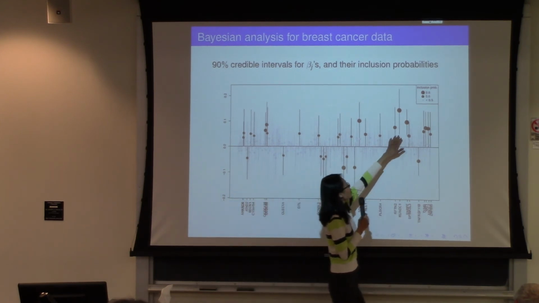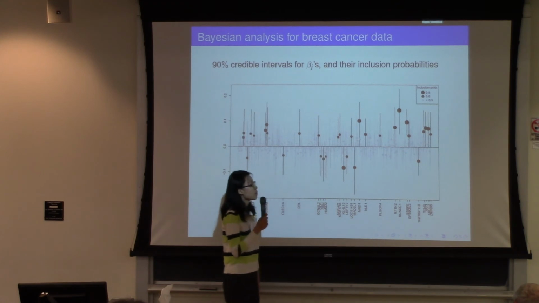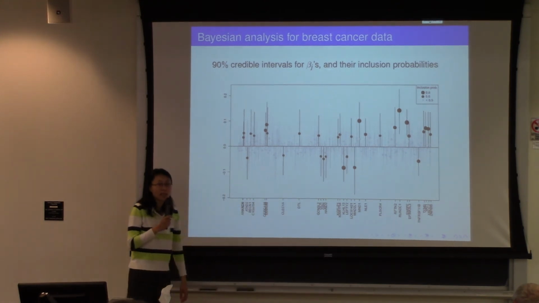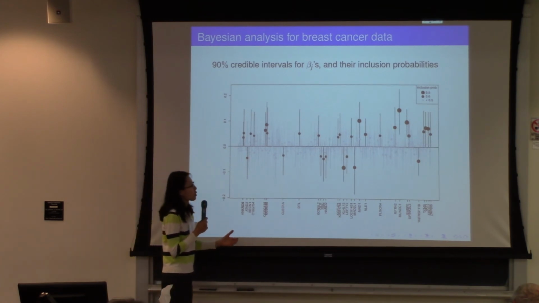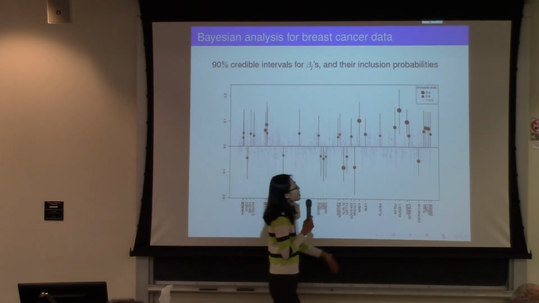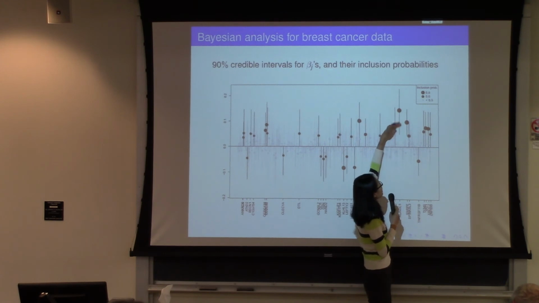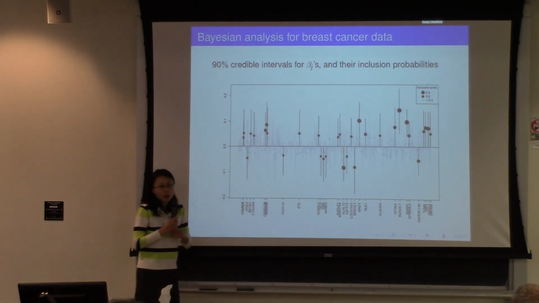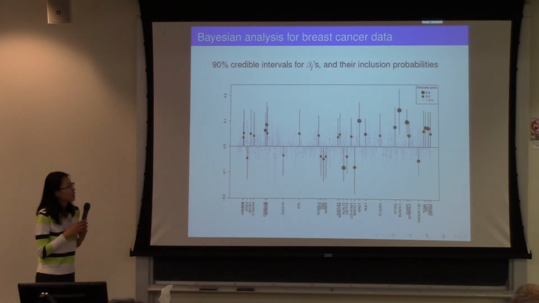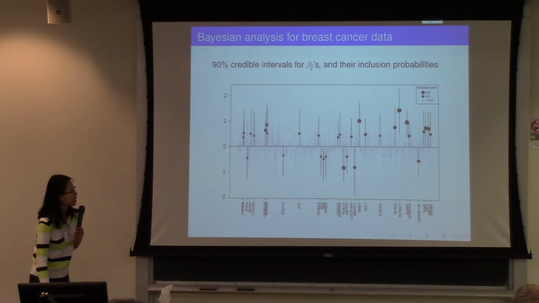The larger the circle, the more important this variable is, and the more often you should include this predictor in your model. The size of the coefficient is given here, and I can also provide a 90% credible interval to reflect the size of the coefficient and the uncertainty associated with that estimate.